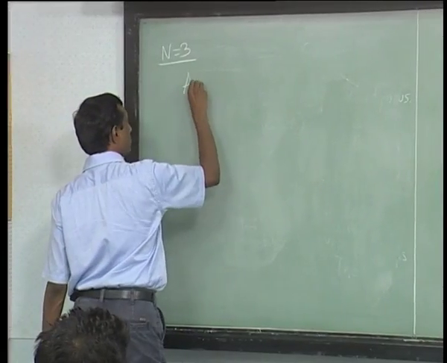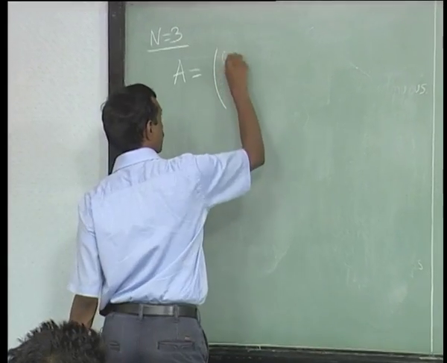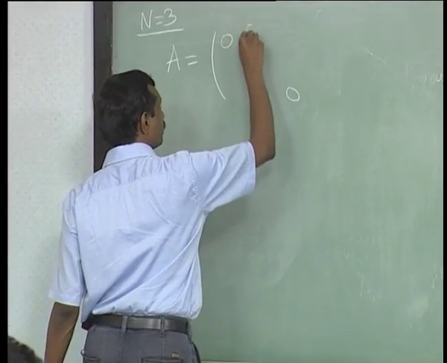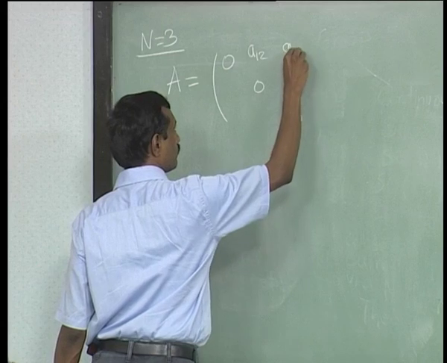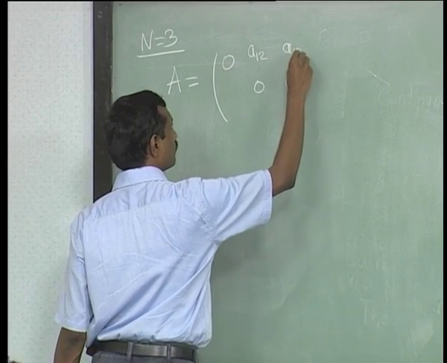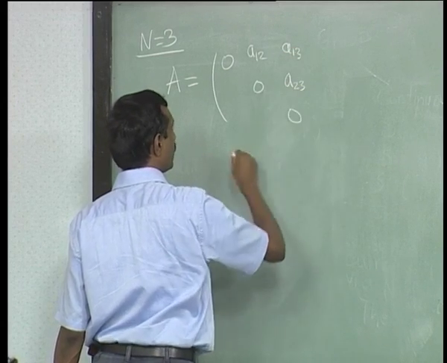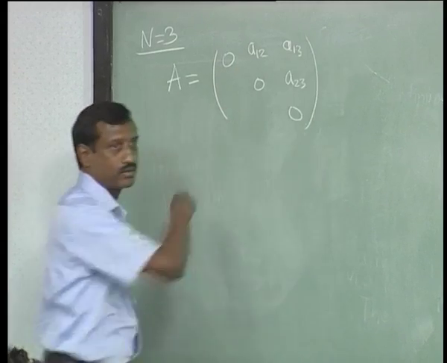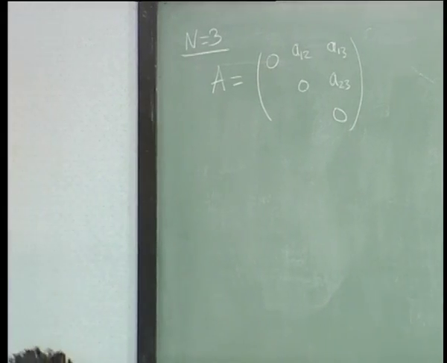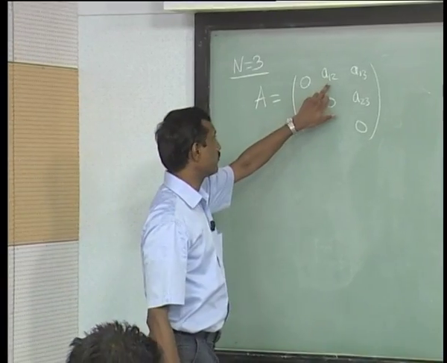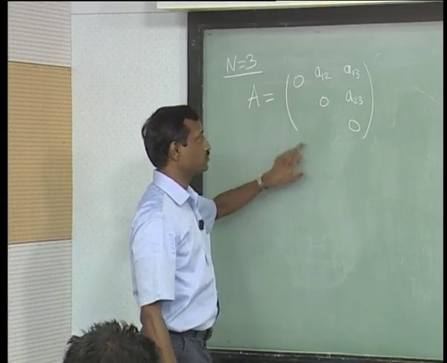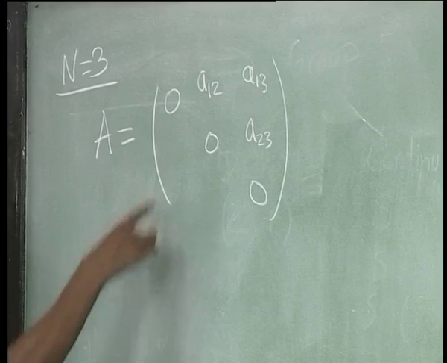So let us write it out. And this part is just obvious, so I am not going to write it. It is an antisymmetric matrix. So if I specify A12, I write here minus A12, so on and so forth. Okay, so these are obvious.